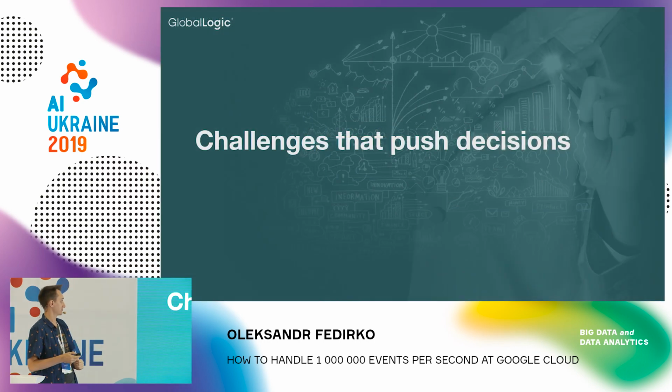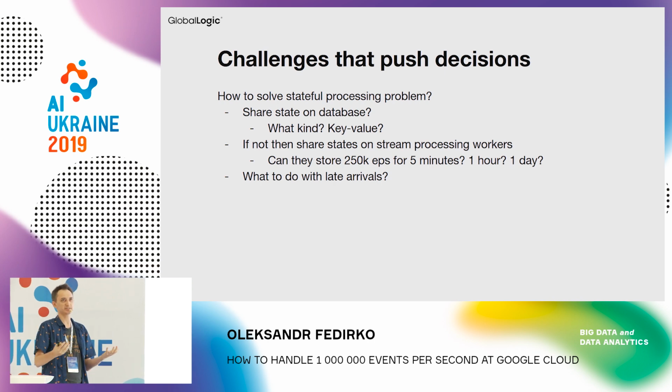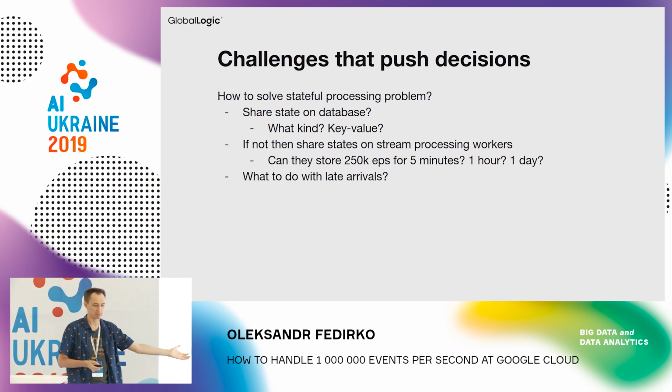What kind of benefits did we actually get from this, and what kind of challenges and problems did we face? First of all, this stateful processing problem. When we tried to pick a data flow, there were a lot of tools to choose from. Okay, Spark, Dataflow, Flink. Which one to pick? How to make sure that the picked technology fits well in our pipeline, in our big data project?